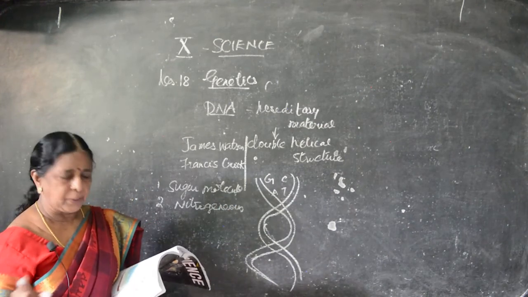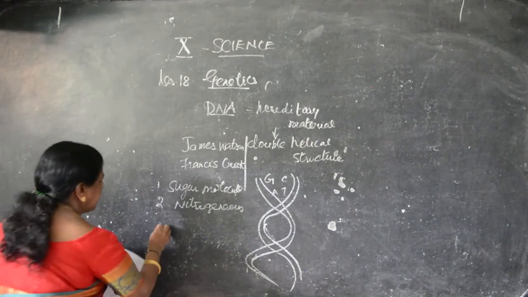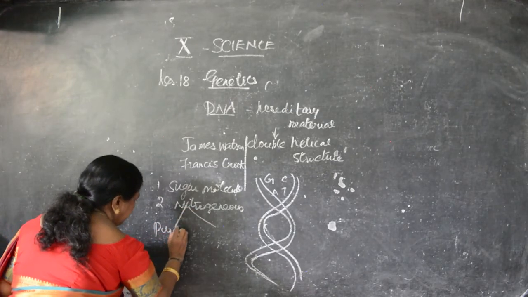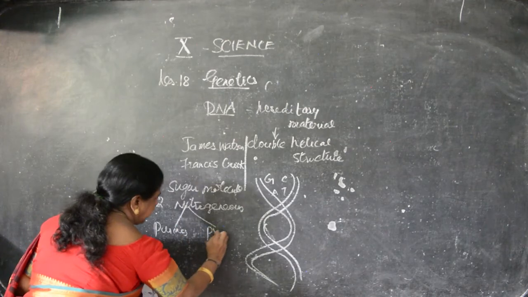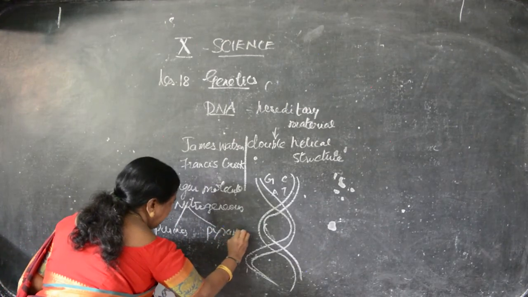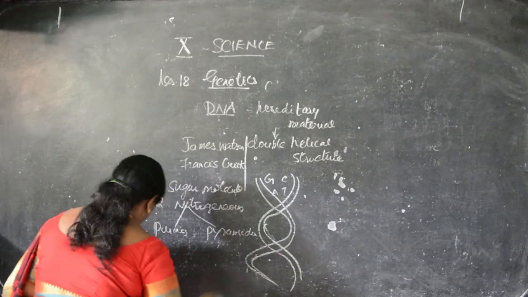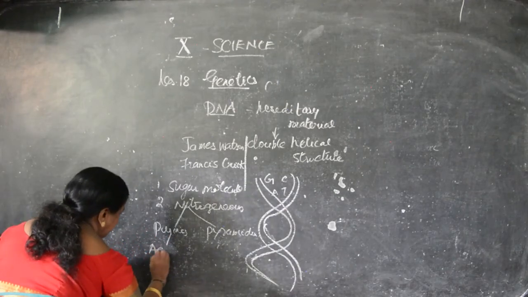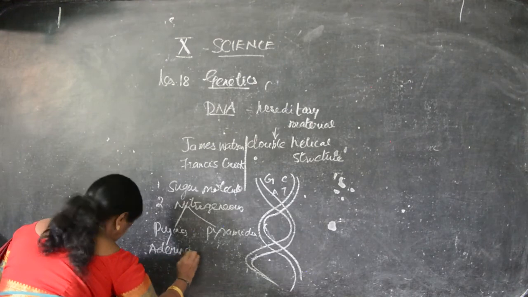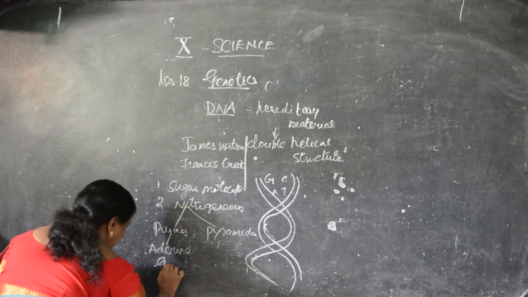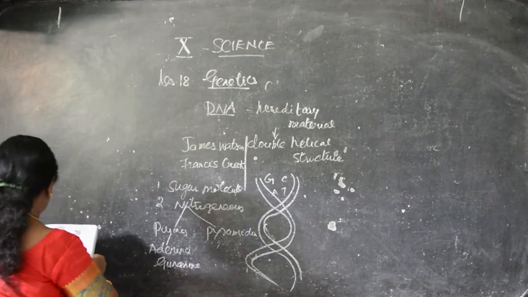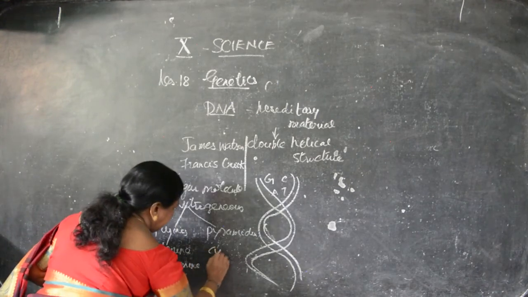There are two types of nitrogenous base, that is purines and pyrimidines. These are all very important, children. The purines you can see are adenine and guanine. The pyrimidines are cytosine and thymine.